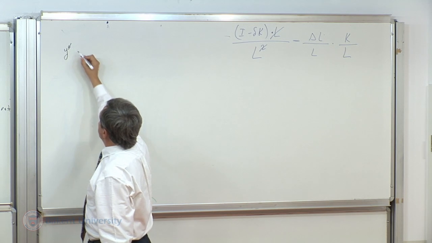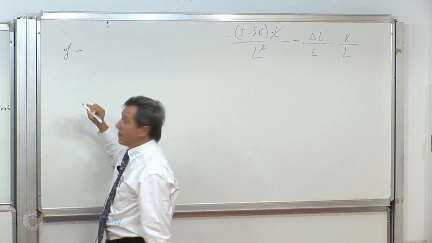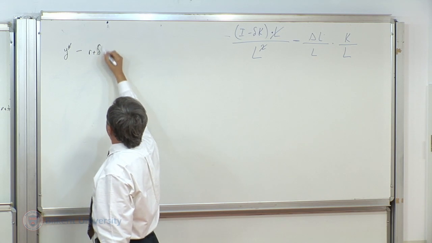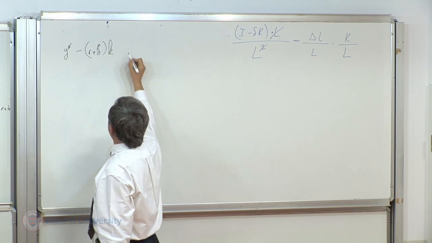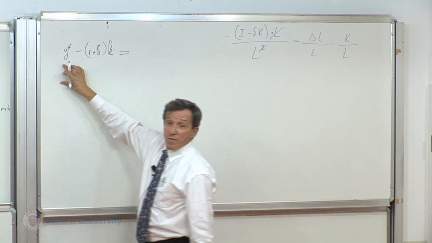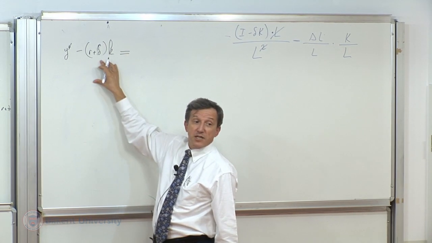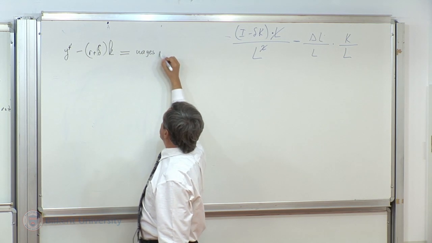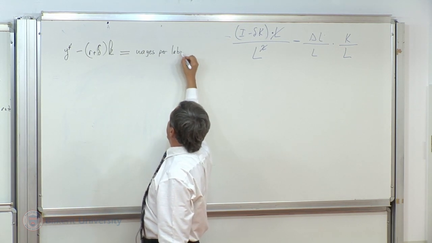Total output minus R plus delta, little k, value of output minus profits should be equal to wages per labor.